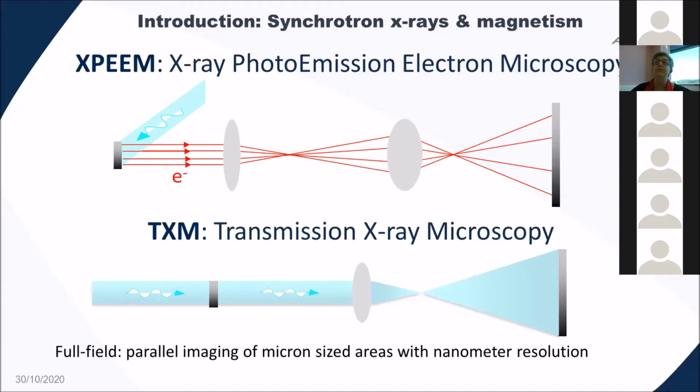So the two microscopes I will show you as examples today are both full field, meaning that we do a parallel imaging of a micron-sized area with tens of nanometers resolution. But they are very different, in the sense that in the X-PEEM, which is an electron microscope, one makes the image with photo-emitted electrons that are emitted as a consequence of X-ray absorption.